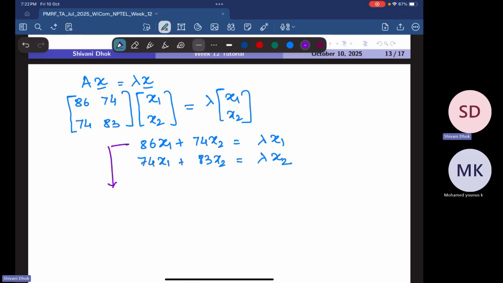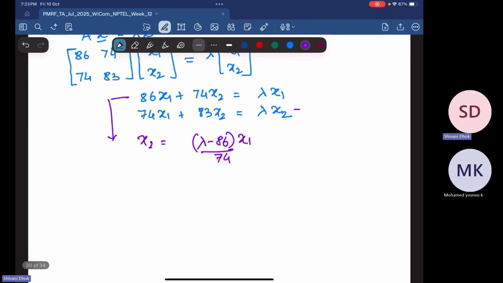Then that will give me x2 equal to lambda minus 86 times x1 by 74. And in a similar way, the second equation will give me x2 equal to 74 x1 divided by 83 minus lambda. Now if you substitute lambda values, both of these equations will give me the same value. We'll check that.